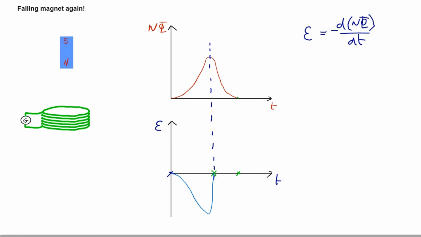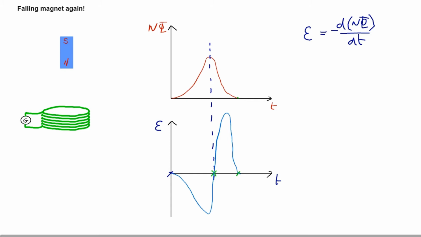And it's steeper on this side, because it's going faster. There's a bigger rate of change, so there's a bigger induced EMF on its way out than on its way in. So the peak is going to be a bit higher: a very rapid rise, and then a diminishing away like that. So that's the shape of the curve.